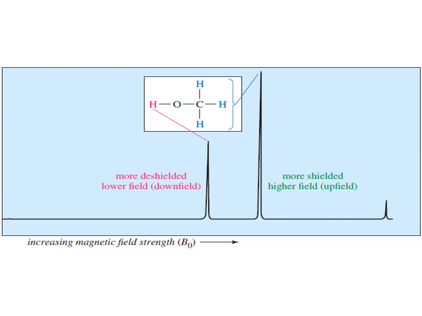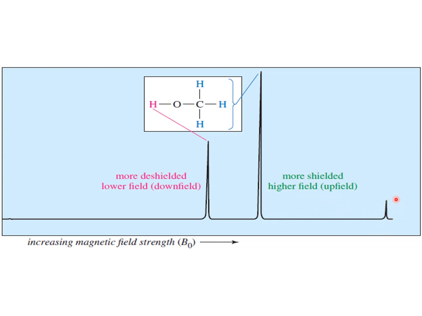So this is the NMR spectra of methyl alcohol. The blue color protons are more shielded, and this pink proton attached to the oxygen atom is more de-shielded. So always more shielded protons will be at higher field, they will have higher magnetic field values, so they will be upfield, that is they will be closer to TMS.